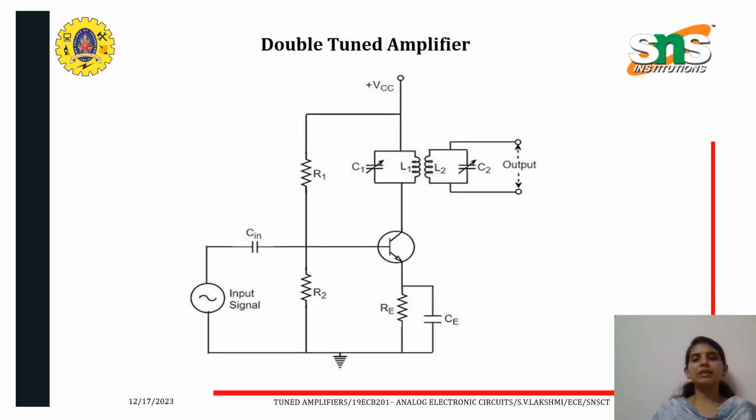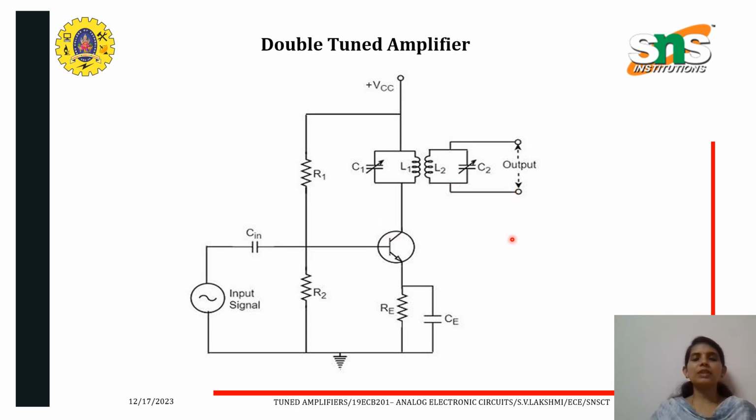The next is the double tuned amplifier. Here we will have two sets of tuned circuits at the load. At the collector load we can find L1C1 and L2C2. Mutual induction occurs between L1 and L2.